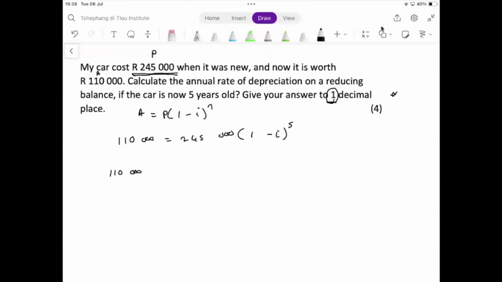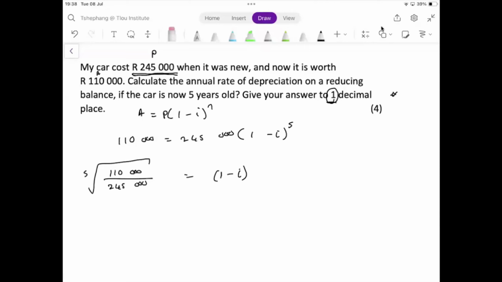110,000 over 245,000 is equal to (1 minus i) to the power of 5. Then we can say the fifth root of that so that we get rid of this exponent.